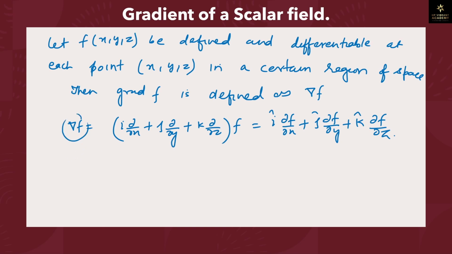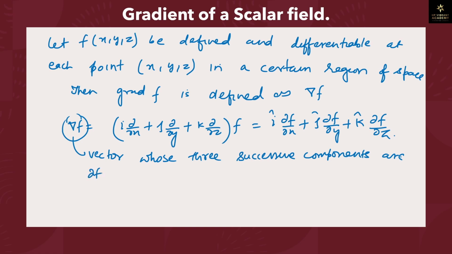So the gradient of f is a vector whose three successive components are del f upon del x, del f upon del y, and del f upon del z.